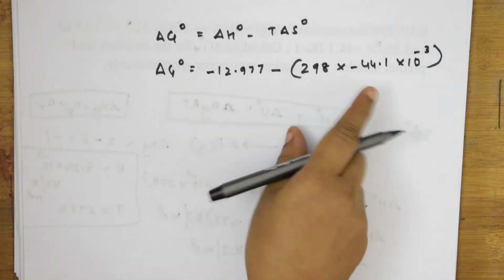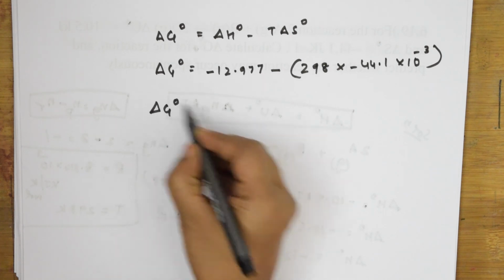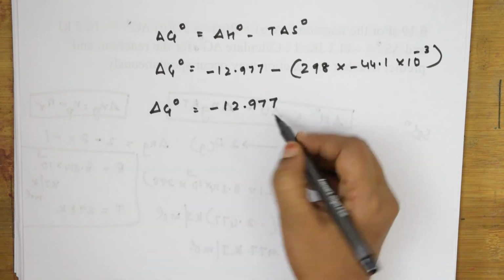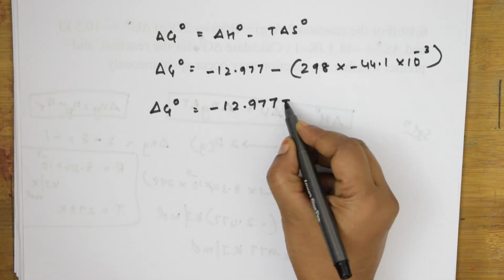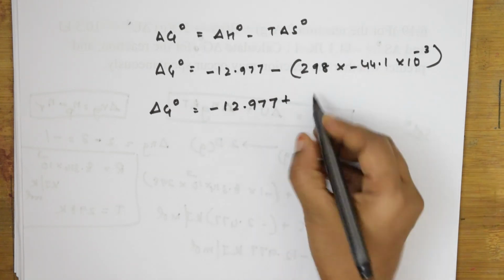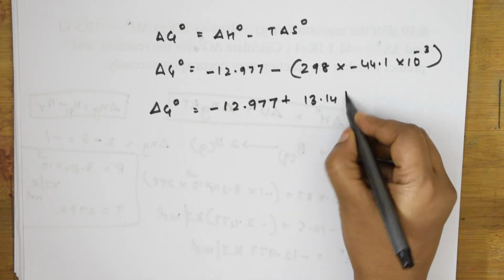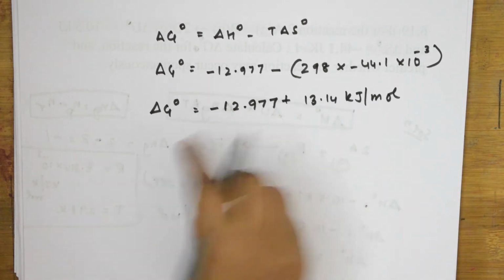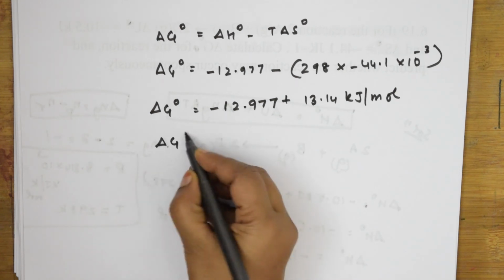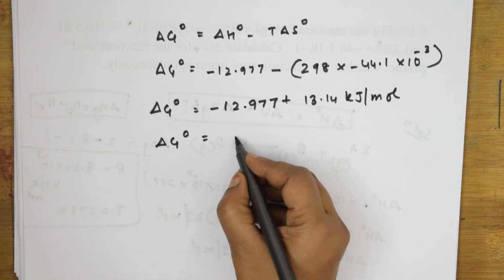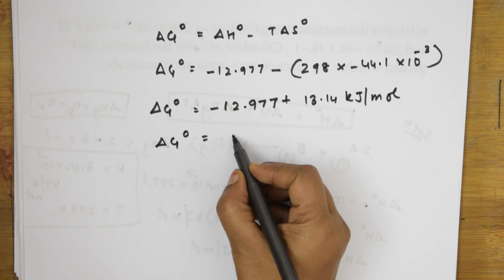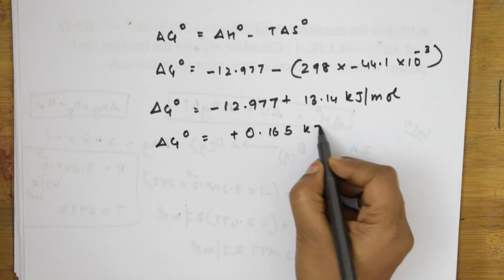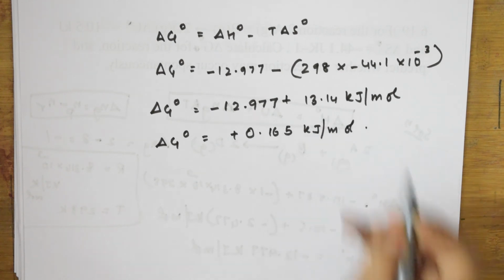When I solve the part inside the bracket, delta G naught is minus 12.977 plus, because minus into minus becomes plus, 13.14 kilojoule per mole. Further solving, I get delta G naught as plus 0.165 kilojoule per mole.